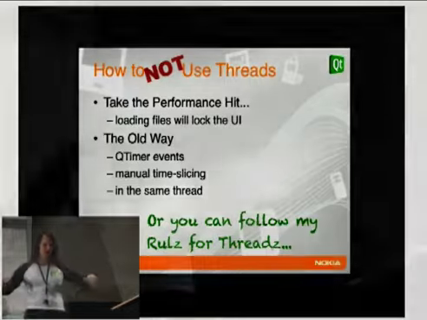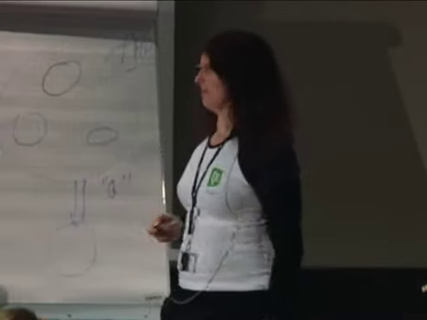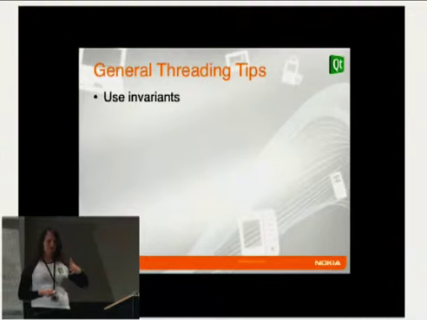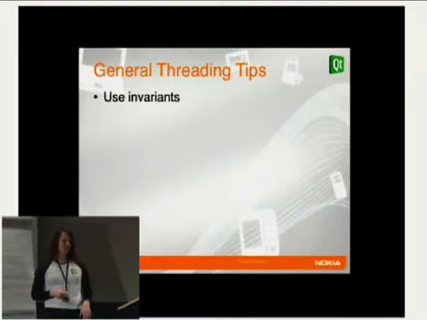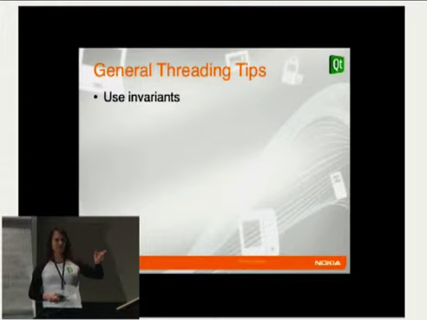So in the last few minutes I'm going to suggest that you follow my rules for threads. I'm going to have to whiz through this a little bit. These are general ideas that work everywhere. Like I said at the beginning, document your code with some invariants: this variable will only ever be altered in this particular way.